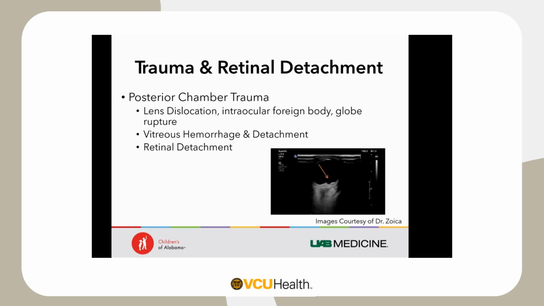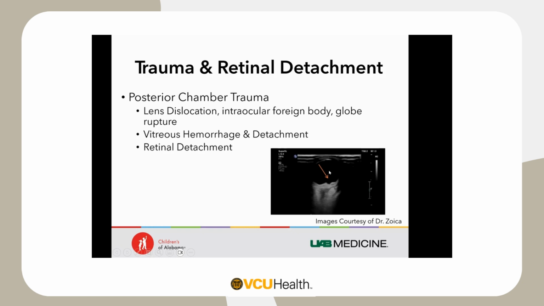And then looking at vitreous and retinal detachment. Vitreous detachment, you're going to look at this optic disc here, and you're going to see a serpentine, which you can kind of see here, but it's not going to be attached to the bottom of this disc. It's going to be floating up in this posterior chamber.